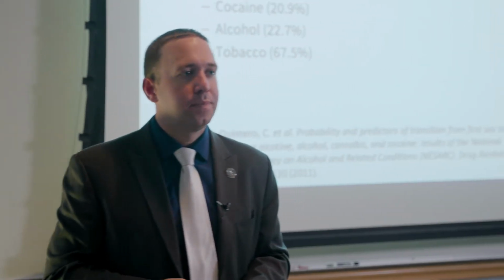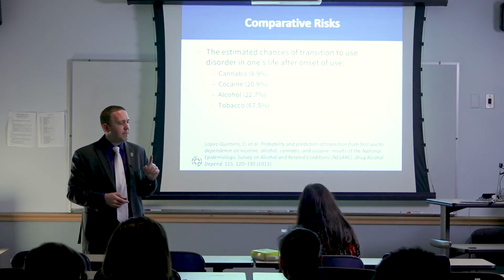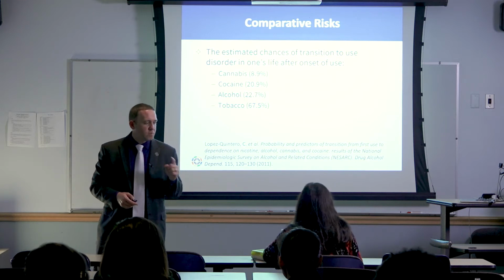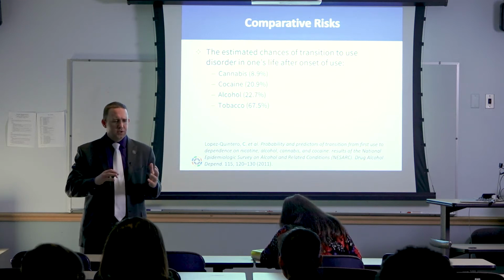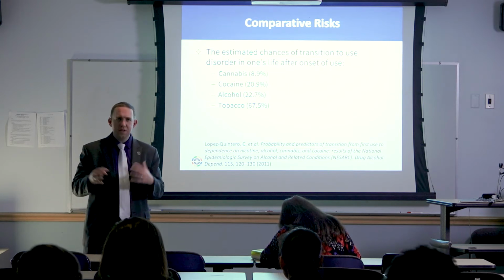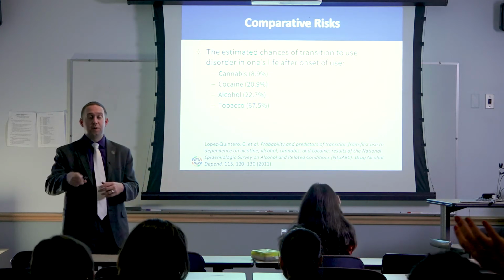Question in the back? So the question is, when people talk about an addictive gene, are you saying that the risk for addiction is uniform across the population? Are there certain people who are going to develop a substance use disorder? Or what's the interplay between genetic vulnerability and vulnerability to addiction? Yep.